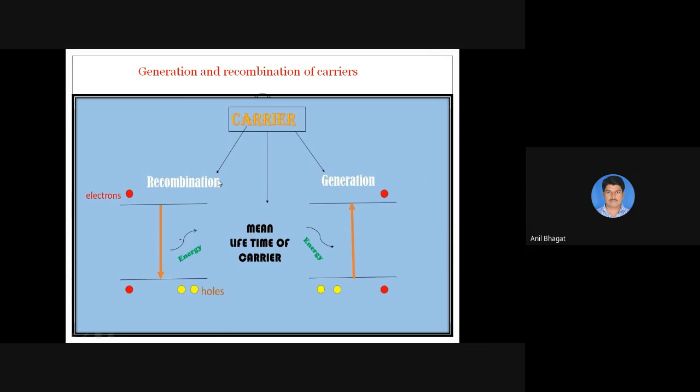So carrier recombination, this is a very, very important diagram. Electrons are present in the conduction band and the holes are present in the valence band.